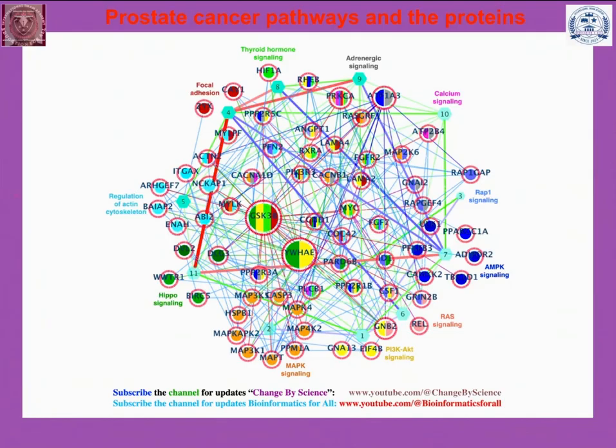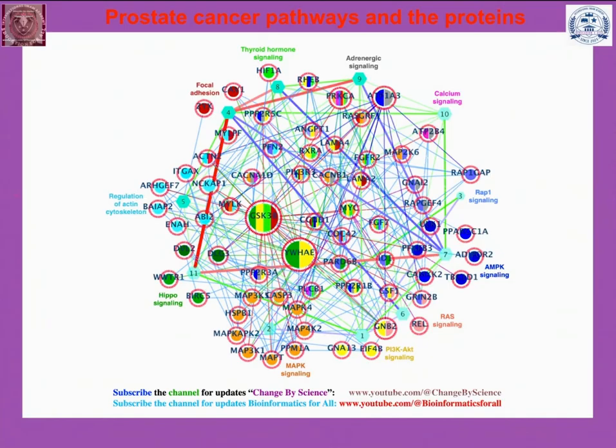But when you are seeing one gene or protein with 4 colors, 5 colors, that means we are trying to show that this particular GSK3 beta is shared between these pathways.